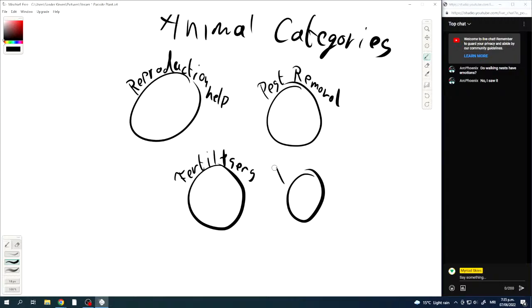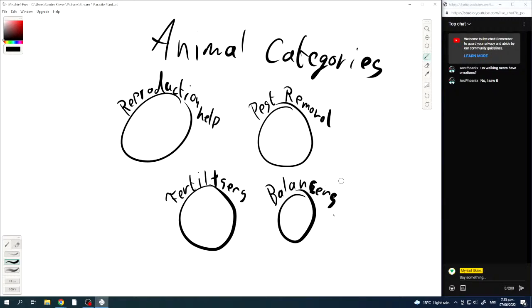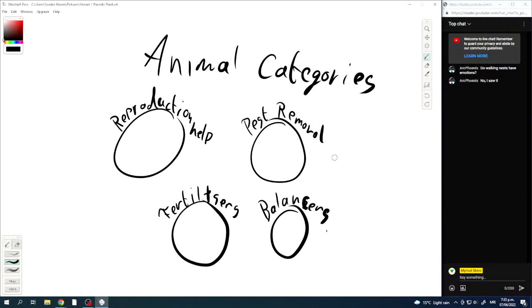And balances. Let me explain in a bit. I cannot spell at the moment, apparently, because I'm thinking of several things at the same time. Okay, so the reproduction helpers.